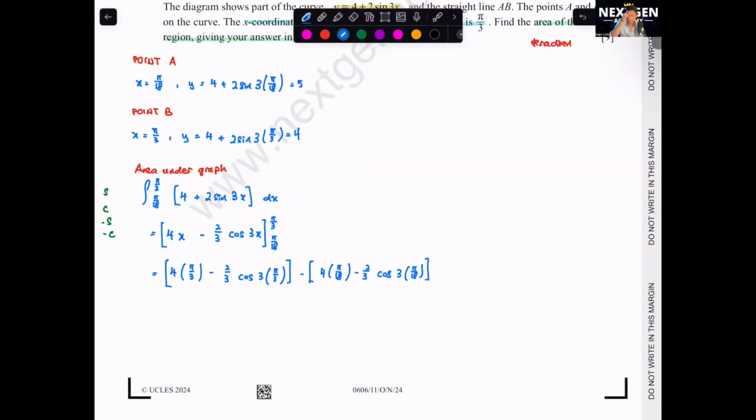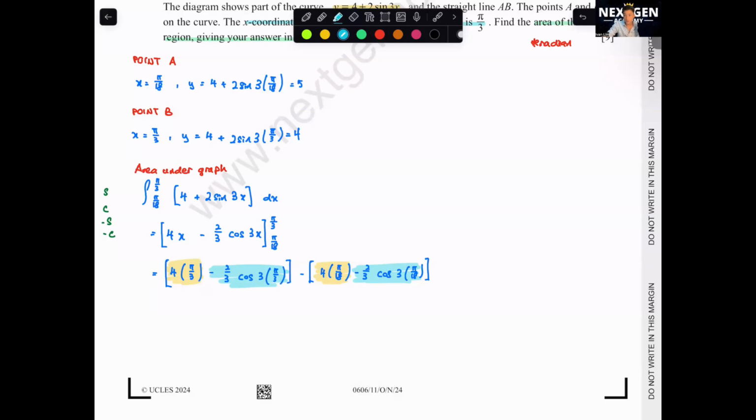Okay, simplify the whole thing. I won't keep writing it out over and over again. You take this minus this, then minus minus this over here.